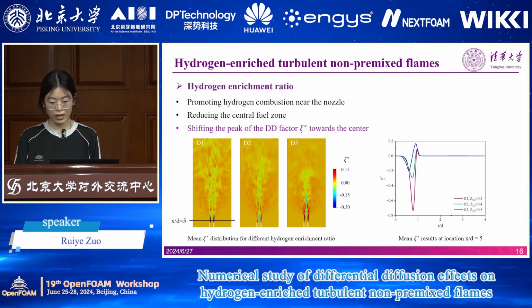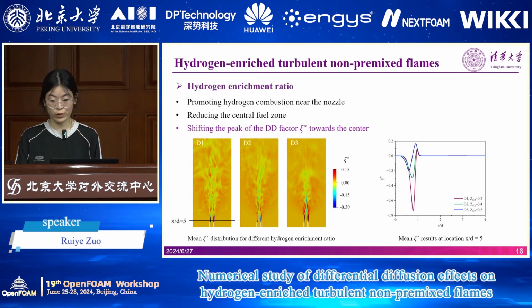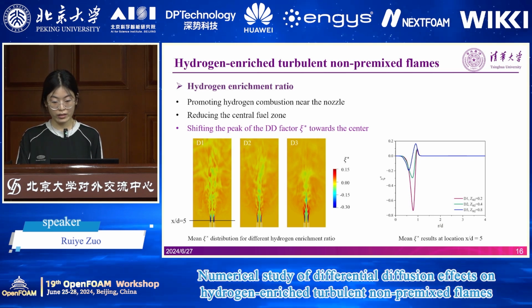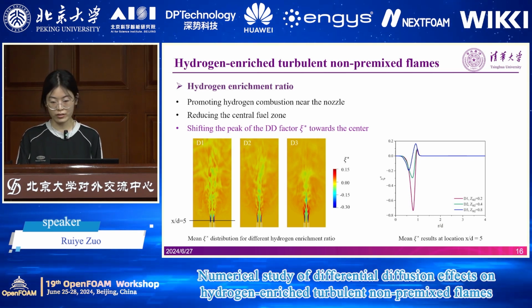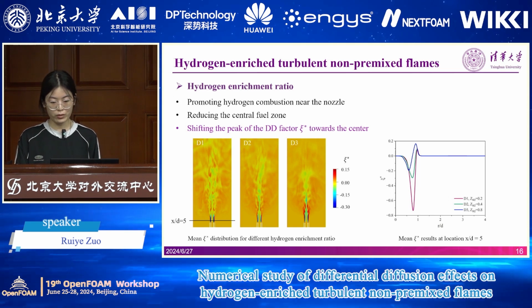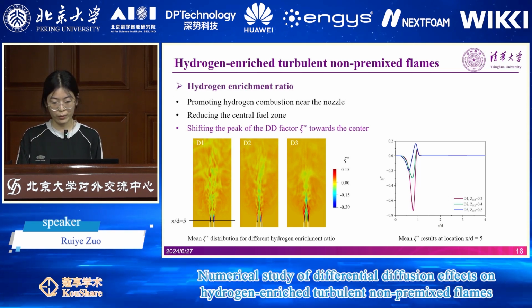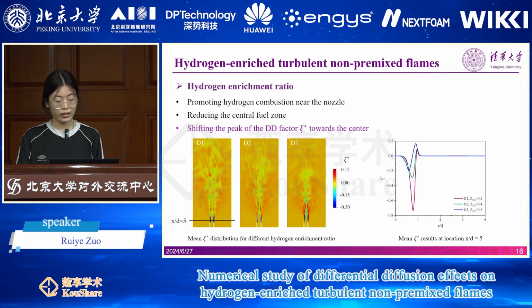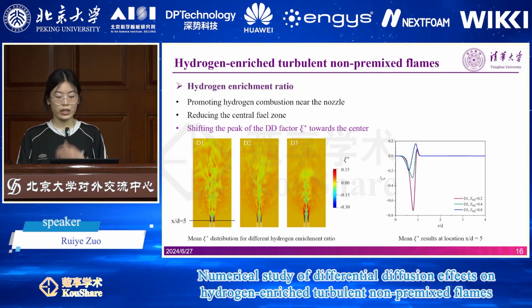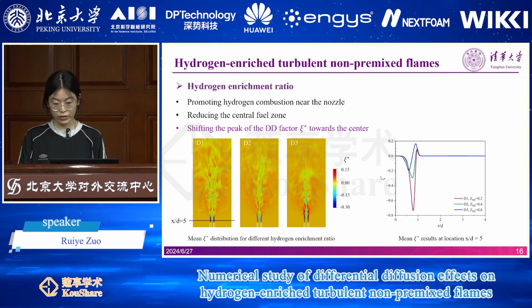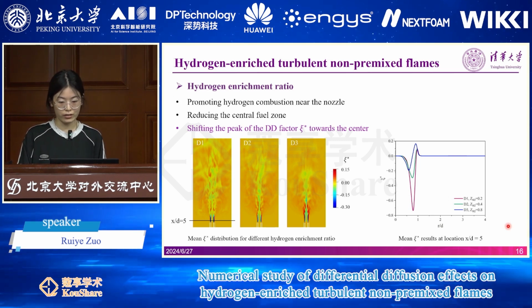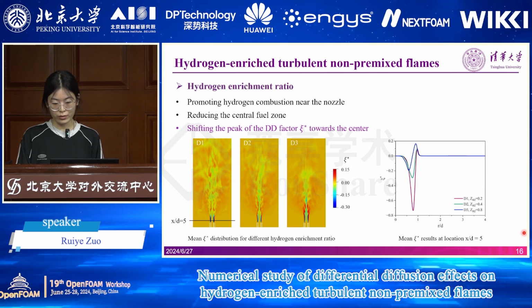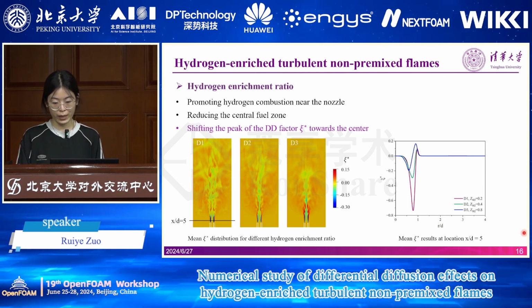Compared to methane, hydrogen exhibits faster diffusion rates, and increasing the hydrogen fraction promotes the combustion of hydrogen near the nozzle exit. This promotes outward diffusion of hydrogen from the central fuel region, thereby reducing the size of the central fuel zone. Simultaneously, rapid combustion of hydrogen near the nozzle exit diminishes oxygen concentration, thereby constraining the diffusion combustion of methane.